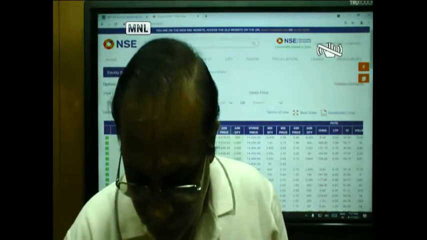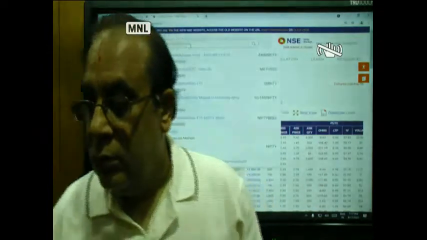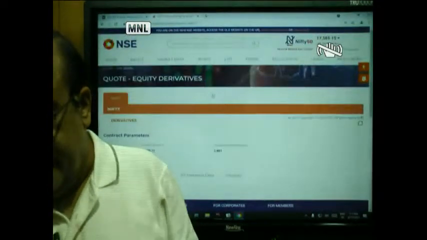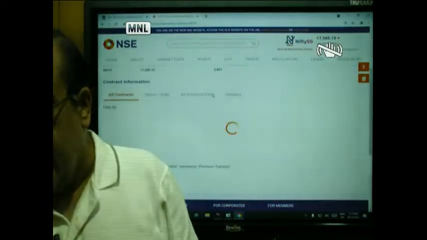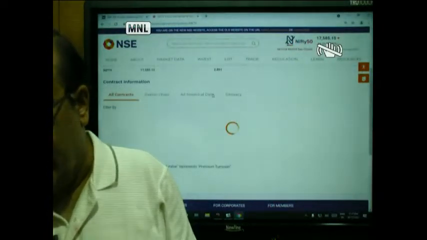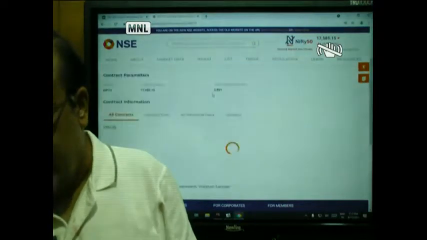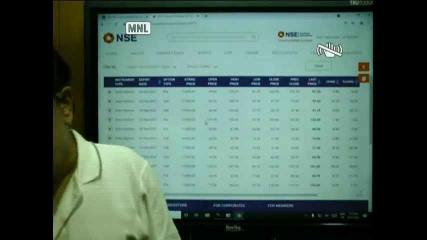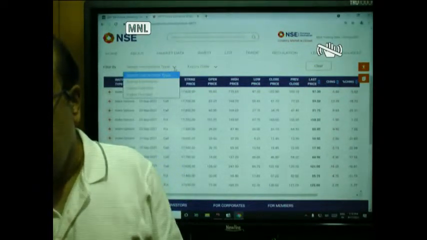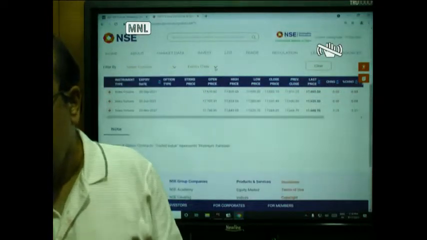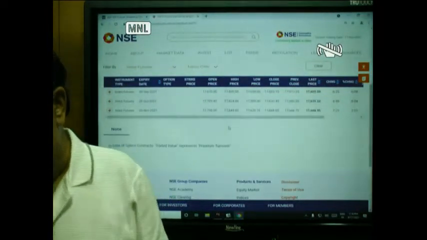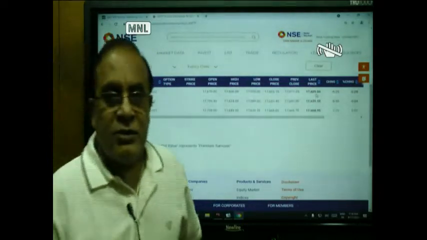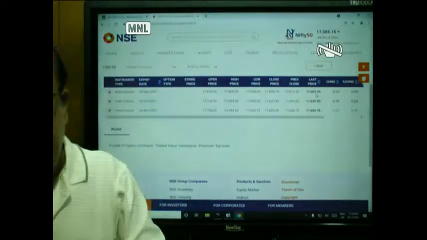For 30th September, the last price is trading at 17,605, which is only 20 rupees from 17,585.